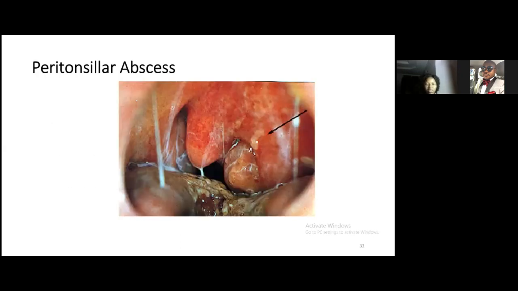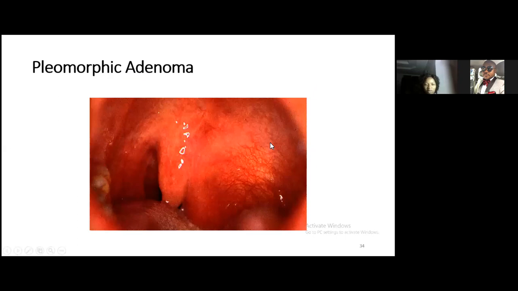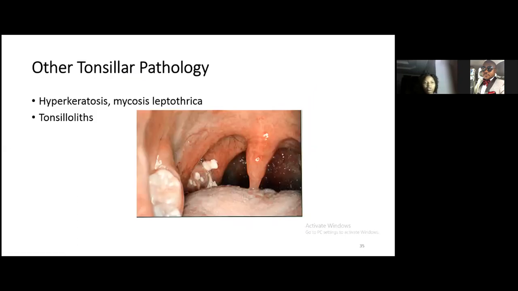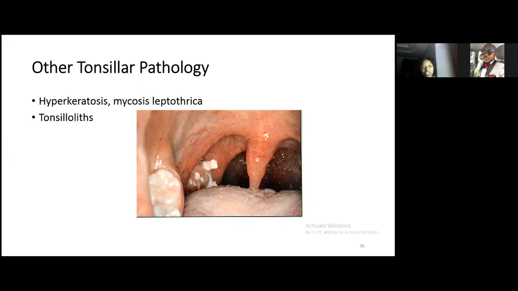So these are images of how some of the complications look. This shows peritonsillar abscess. And this one is pleomorphic adenoma. Other tonsillar pathologies not covered under what I've discussed include fungal infections, hyperkeratosis, fungal infection like mycosis leptothrica, and tonsillitis.